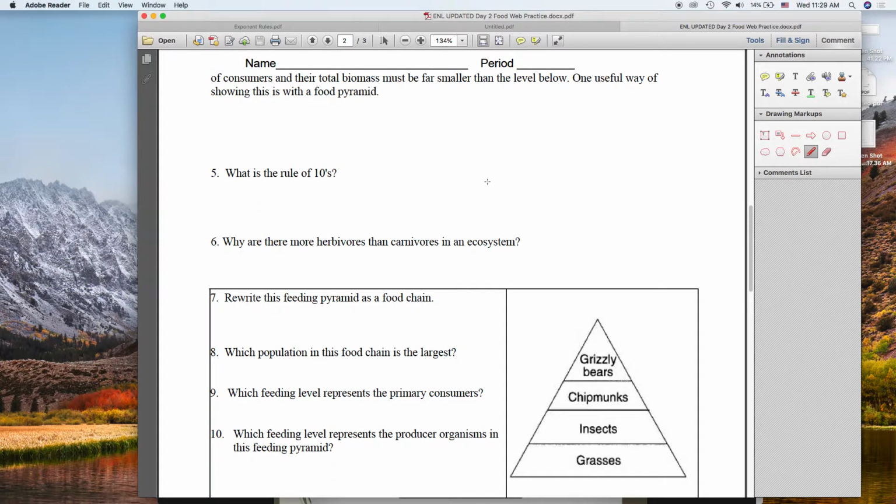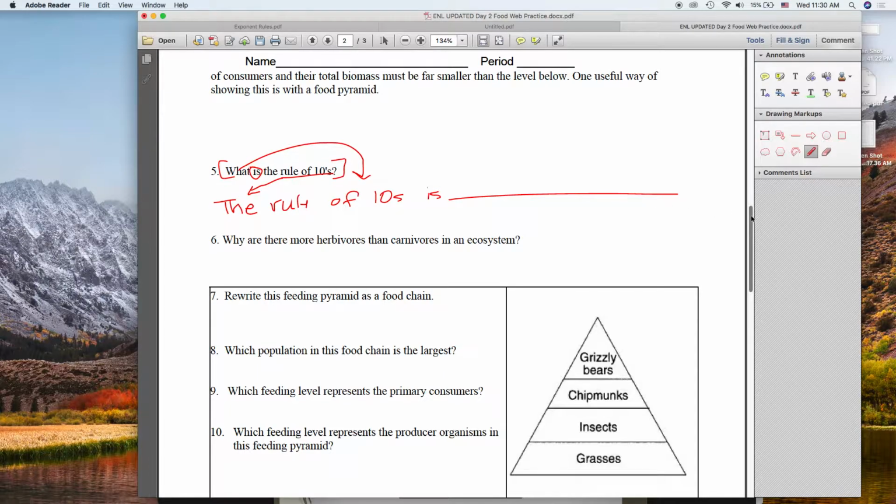Our first question is, what is the rule of tens? The way that I'm going to answer this is by writing the rule of tens, so that's where it's coming from, and then I'm going to look up the definition in the reading.